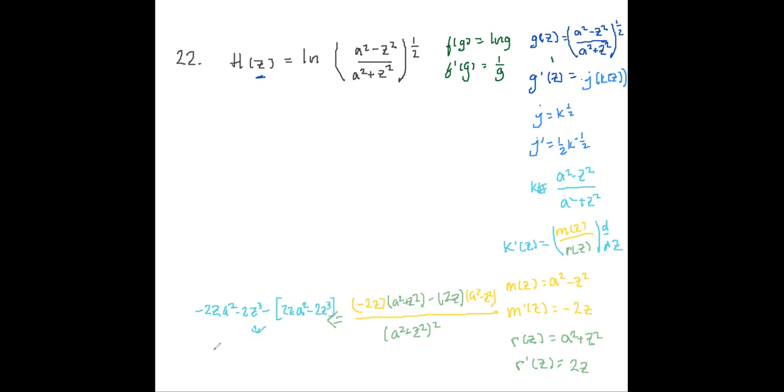So this is minus 2z a squared minus 2z cubed minus 2z a squared plus 2z cubed. So I cross that off. And this is minus 4z a squared. Unless I screwed that up, and I don't think I did.